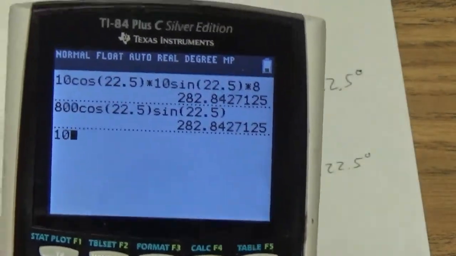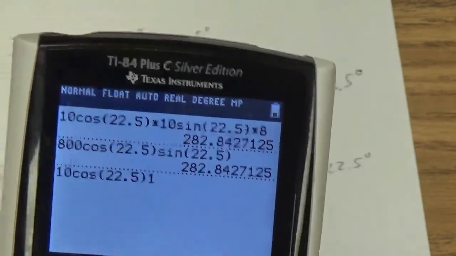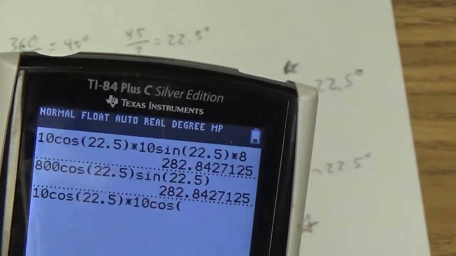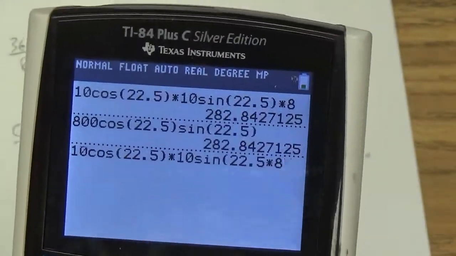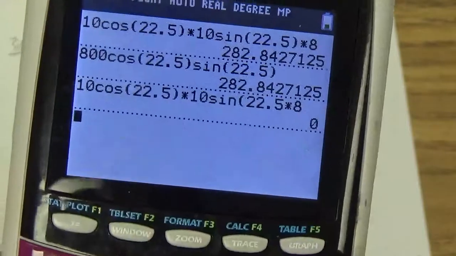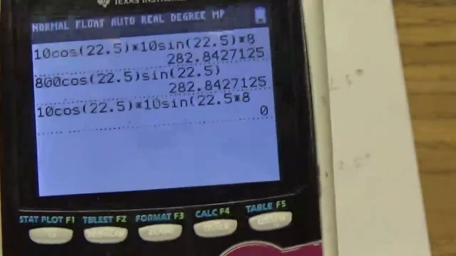Okay, now I'm going to show you what happens if you don't close the parenthesis. Okay, 10 cosine 22.5. Let's say I close that one. Times 10, it really doesn't matter if you put the times, to be honest with you. Sine 22.5 times 8. I forgot to close the parenthesis, right? 0. That's because 22.5 times 8 is 180, and the sine of 180 is 0, and then 0 times everything else is just 0.